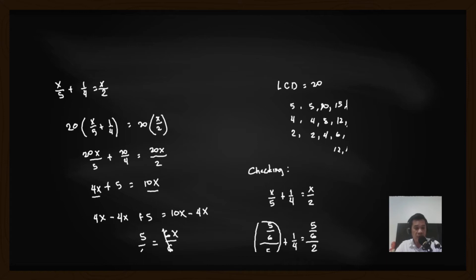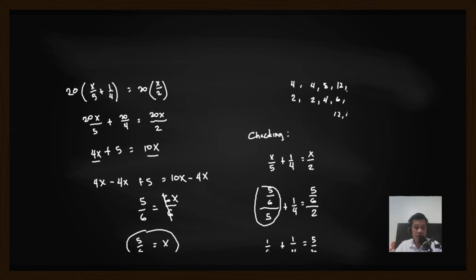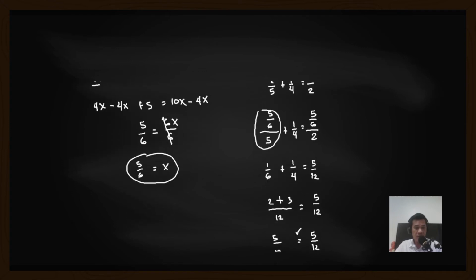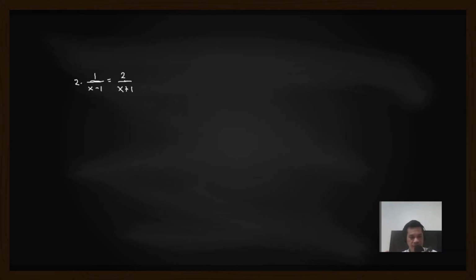So the result is a non-fractional form. And then, combine like terms to solve for the value of x. And then, if you're not sure with your answer, then you can proceed to the checking process. So, plug in the value of x to the original equation, and then solve. If the result is equal, then it is true for that value of x.